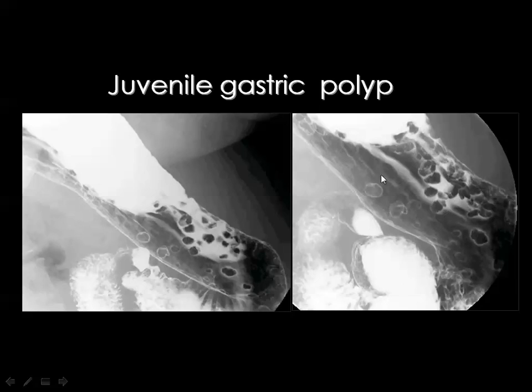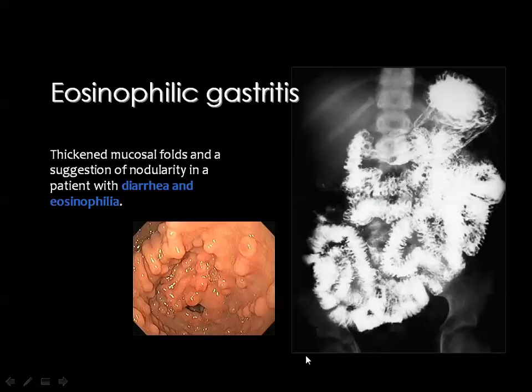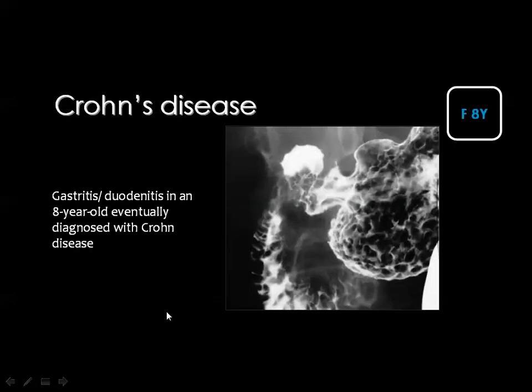In the air-filled areas, they are coated by barium on the outer surface. One of the causes of apparent polyps and mucosal hypertrophy of the gastrointestinal tract in children is eosinophilic gastritis, where there is some nodularity in the small bowel and also in the stomach. Patients present with diarrhea and, of course, eosinophilia, in order to reach this particular diagnosis.